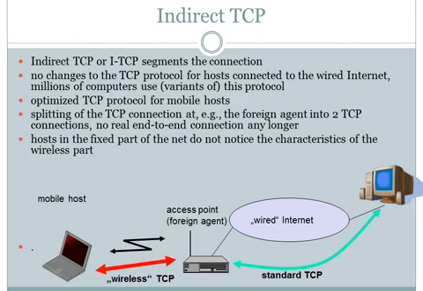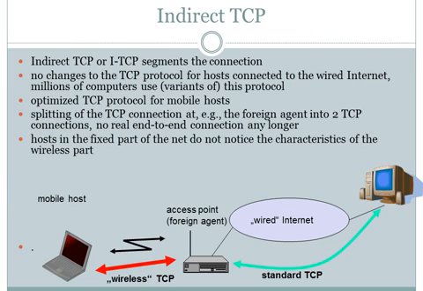Then indirect TCP recommends using the standard, normal TCP between the fixed node and the access point, and between the access point and the mobile host, it suggests using something called a wireless TCP, a modified, optimized TCP.